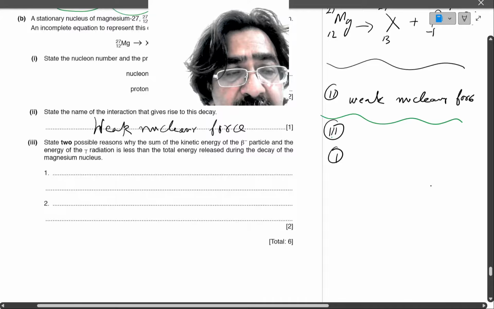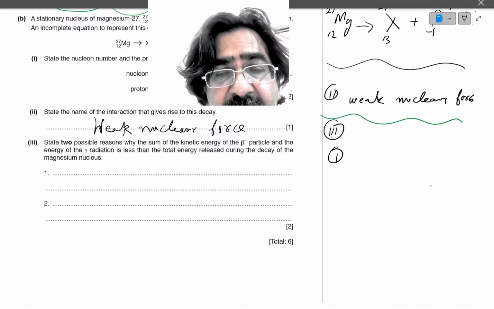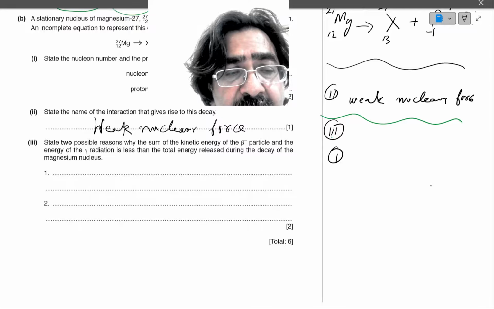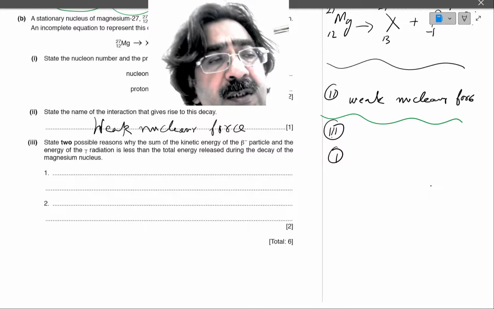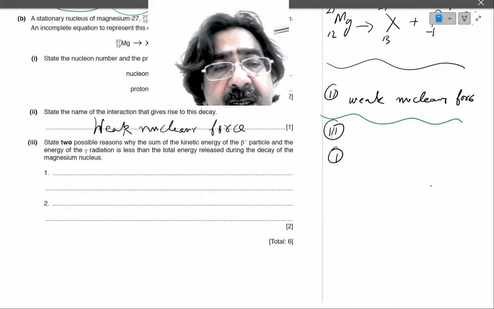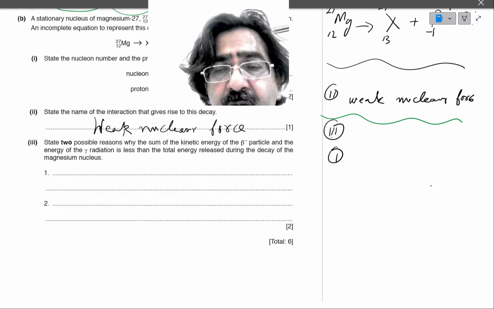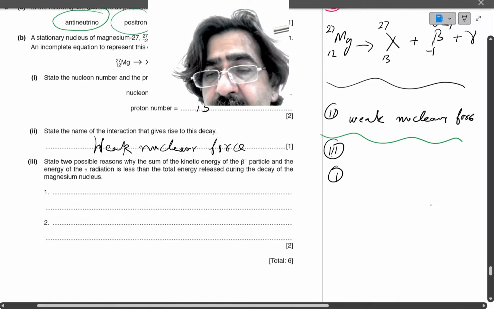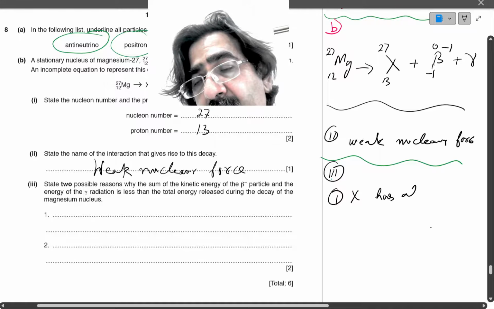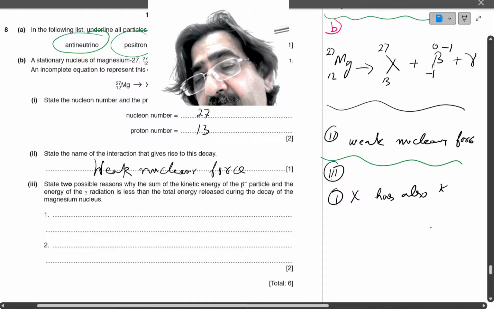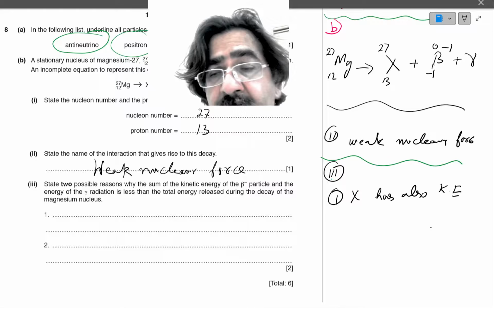Firstly, the nucleus X has also kinetic energy.